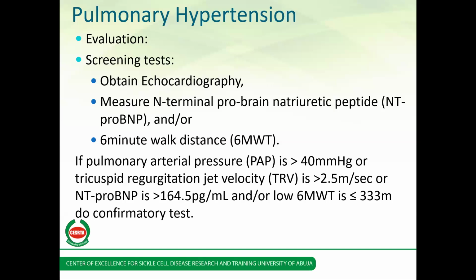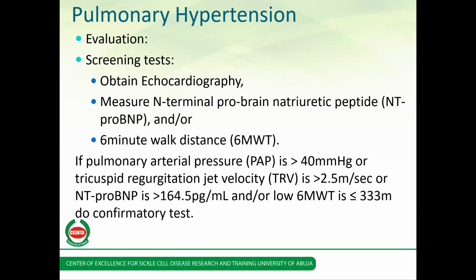Cardiopulmonary functions, pulmonary hypertension and complications. So an example is pulmonary hypertension. Evaluation includes screening tests such as echocardiography or measurement of N-terminal pro-brain natriuretic peptide, proBNP, and/or 6 minutes walk distance test.